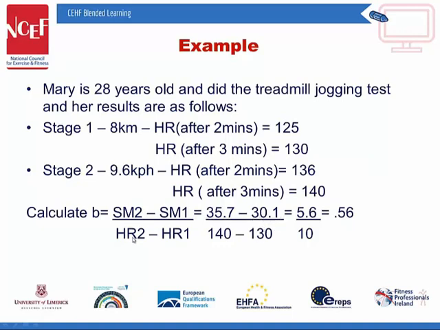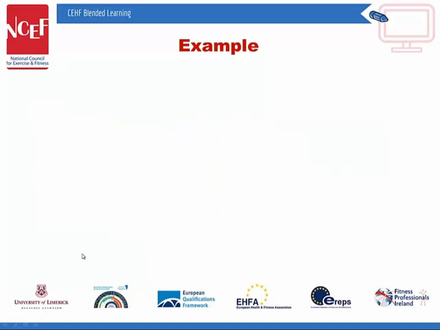Heart rate 2 was the last heart rate we got at stage 2, which was 140, minus heart rate 1, which was the last heart rate we got at stage 1, which was 130. If we calculate that out, then 5.6 over 10 equals 0.56. So now we have B, the relationship between the workload and the heart rate of the individual. Now we can go on and calculate VO2 max from that.